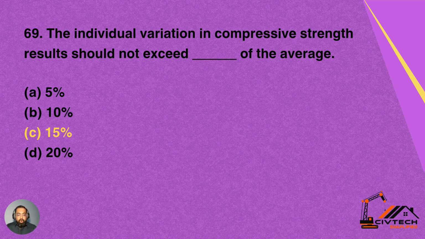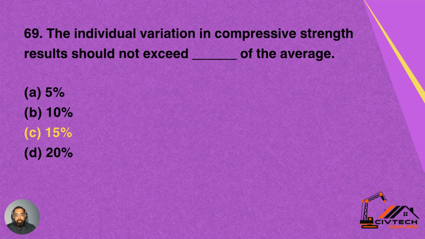69. The individual variation in compressive strength results should not exceed dash of the average. The individual variation in compressive strength test results should not exceed dash percentage of the average number. A 5%, B 10%, C 15%, D 20%. So option C is the correct answer, which is 15%.